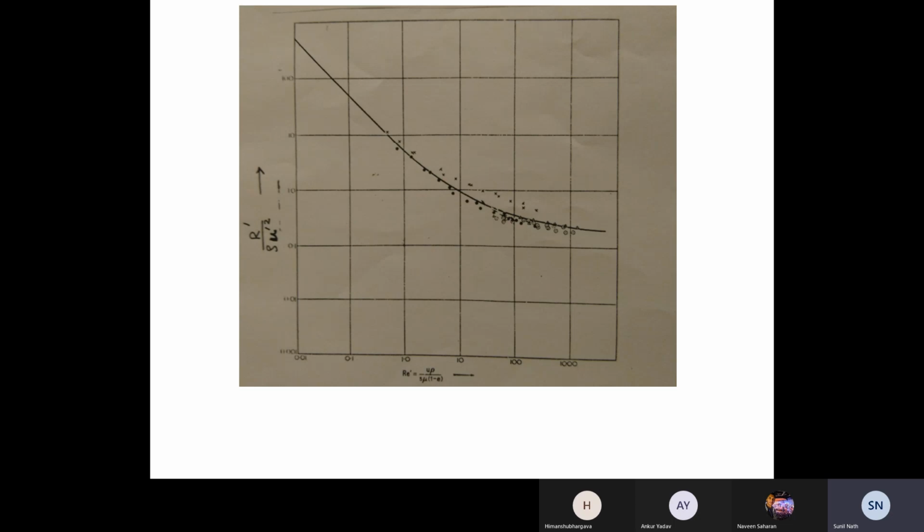Okay, and this is a log-log plot. So it goes from less than 0.1, so 0.01, to a little over 1,000. And once you go to the right extremity, you can say that the slope has become 0.